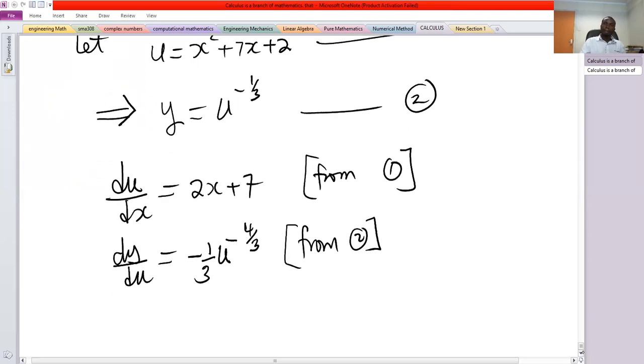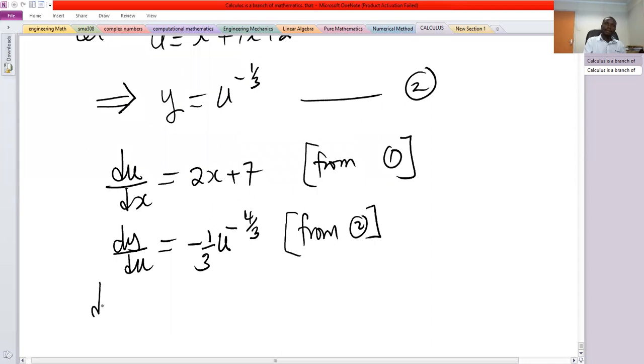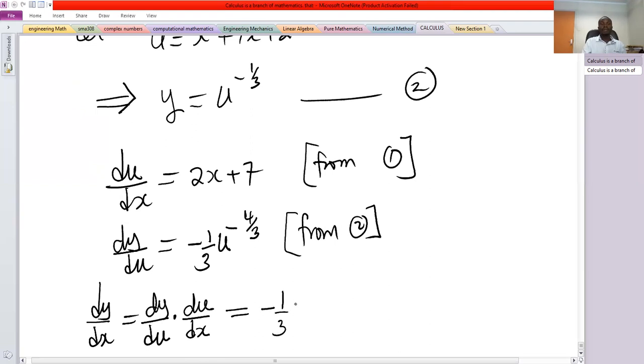So by definition, dy dx is dy du times du dx, which is dy du, negative a third, u raised to minus 4 over 3, and then 2x plus 7.